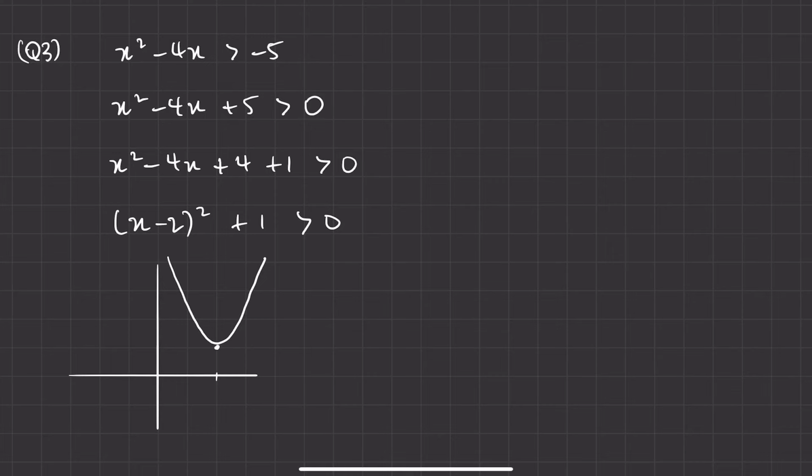And you can see from this graph, when is this graph above 0? Looks like the graph is always above 0. So the answer to this question is all real x, or you can say all solutions. Basically, every x value will satisfy this inequality.